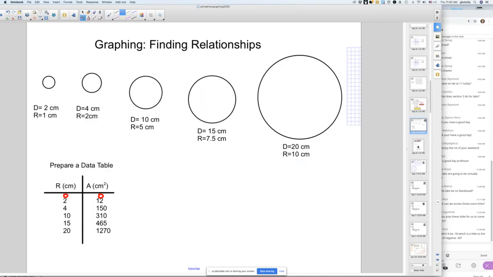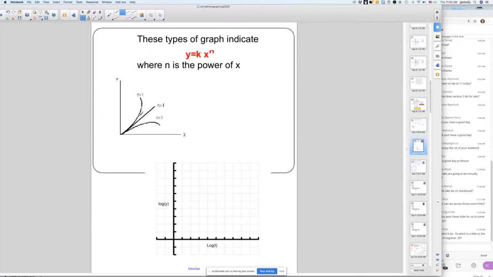So again, what we're going to do is make a graph. And one thing about graphs is we're going to find that the graph that we make of this versus that is not a straight line. I'll show you that in a second. But first of all, let me just show you what you do if the graph turns out not to be a straight line.